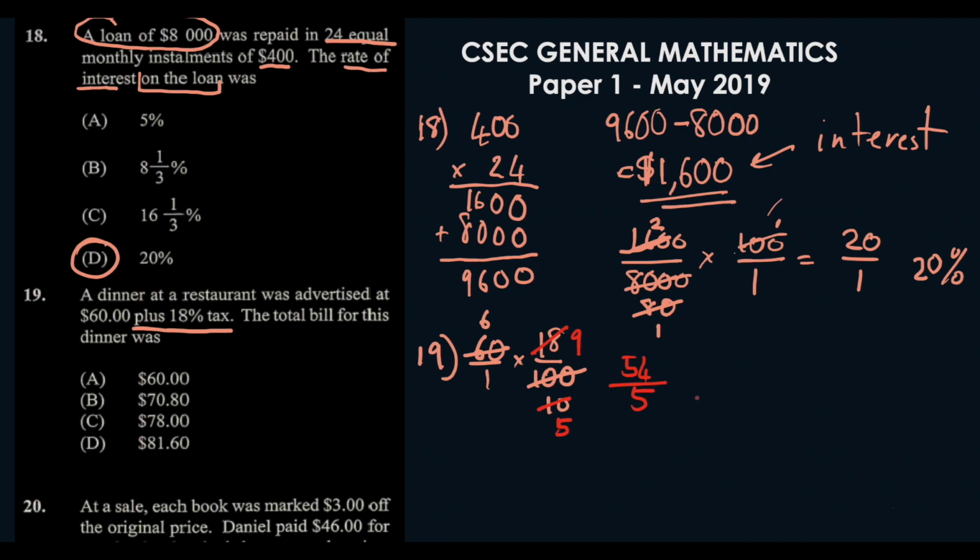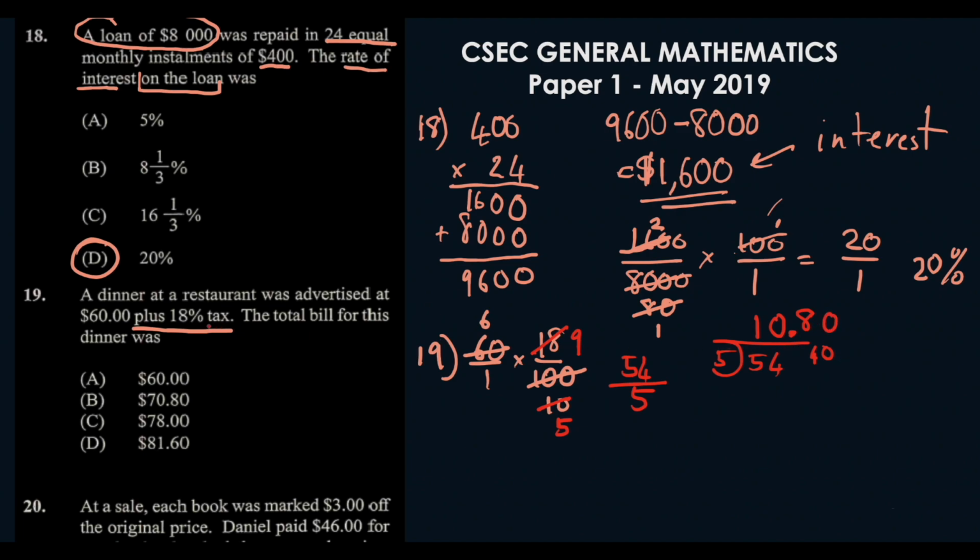So if we were to divide 5 into 54, we would get 5 into 5 goes once, 5 into 4 goes 0, but we have a remainder of 4. So if we add a 0 to that, which will give us a decimal point, 5 into 40 goes 8 times. We don't have any remainder, so we'll be left with just 10.8.